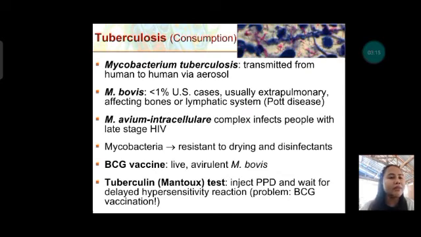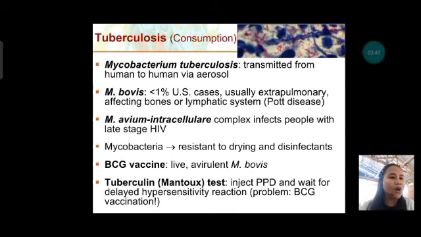The tuberculin test or tuberculin Mantoux test injects PPD and waits for a delayed hypersensitivity reaction. But the problem is the BCG vaccination: if the person was injected with a BCG vaccine, the result of the test will also be positive.